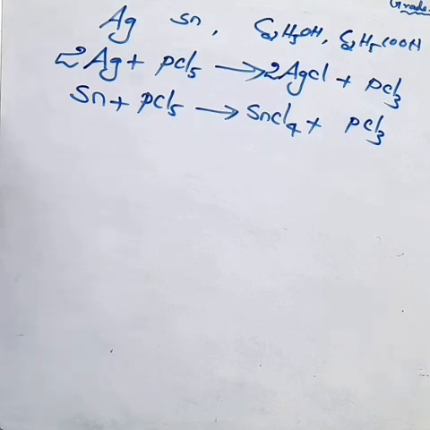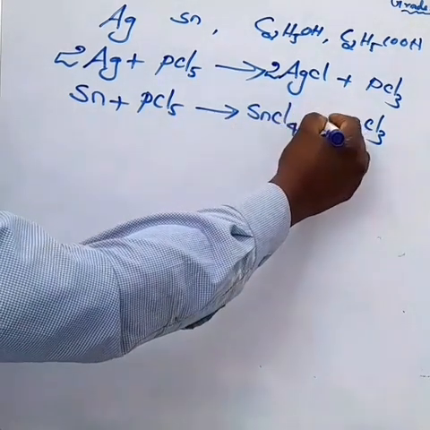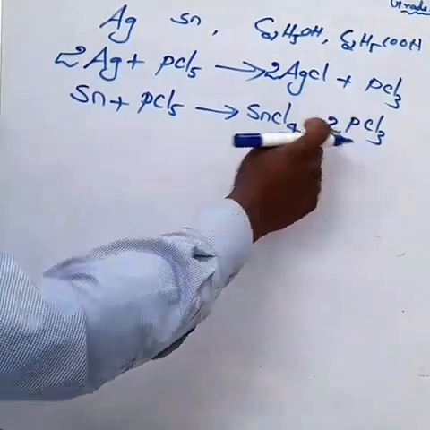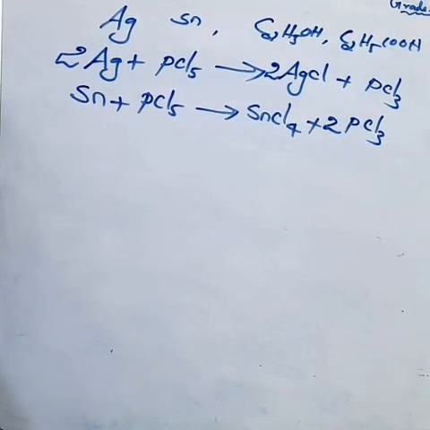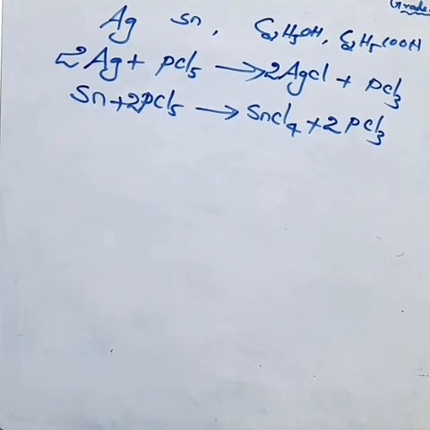SnCl4 and also here we have PCl3. So how can we easily balance the equation? Make it 2 here, 2 PCl3. So 6 plus 4, 10. So if you make the reactant side 2 PCl5, now the equation is balanced.